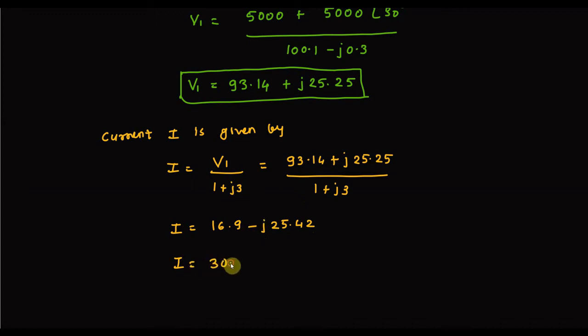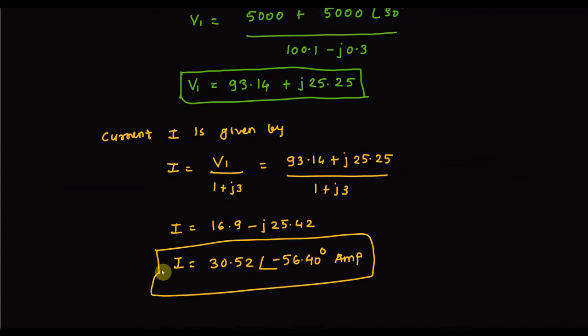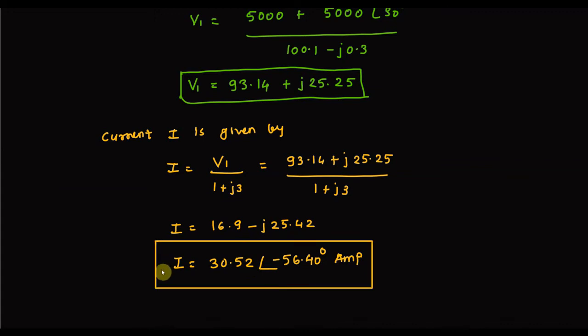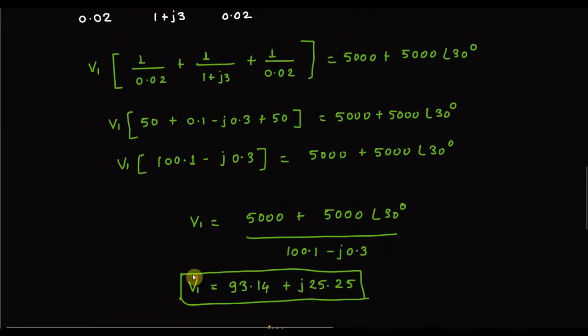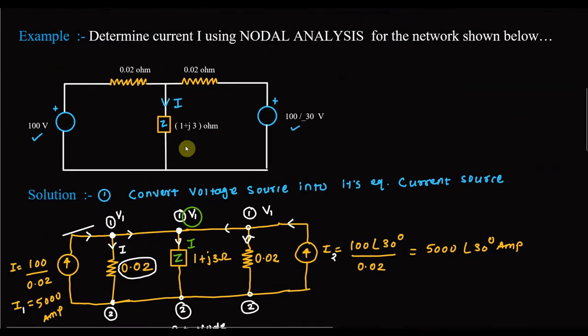The polar form answer is 30.52, angle minus 56.40 ampere. So you can see that in that way we have found the current flowing through this impedance Z which they have asked.